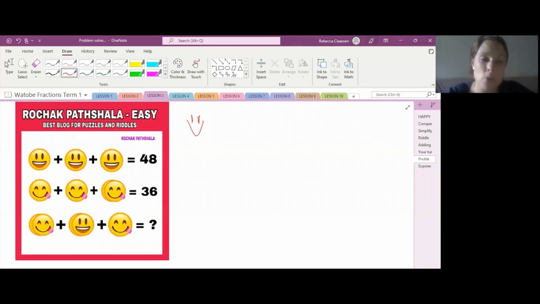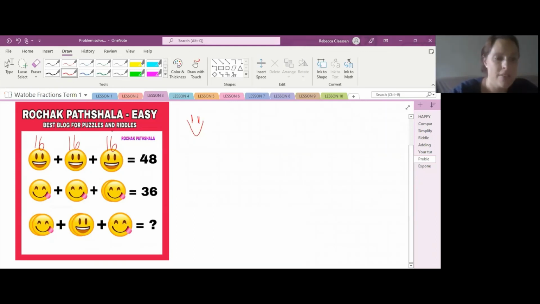So what's 48 divided by 3? 48 splits up into 3 groups. If you want to use a calculator, you can. It is 16. So the smiley face means 16. 16 plus 16 plus 16 is 48.